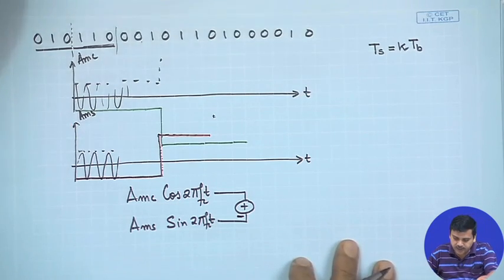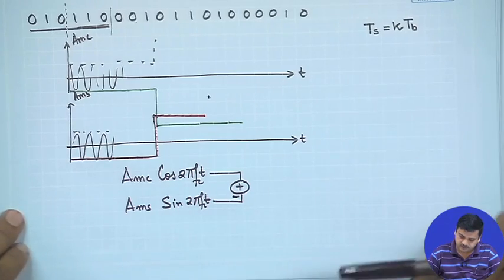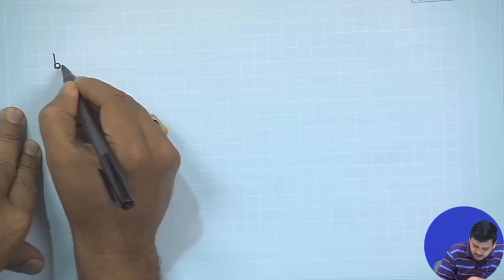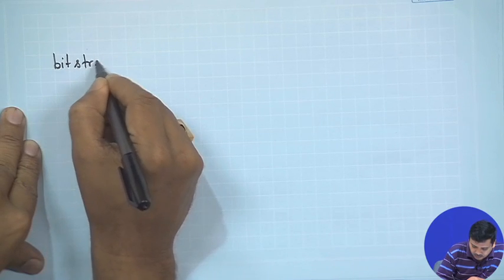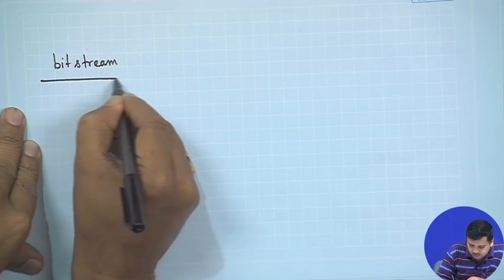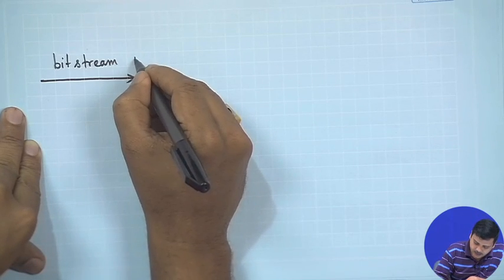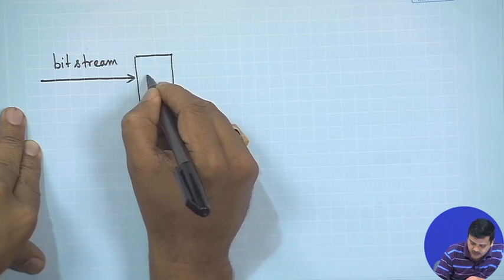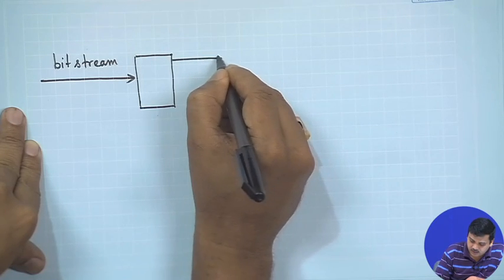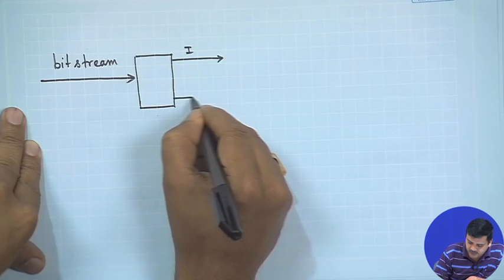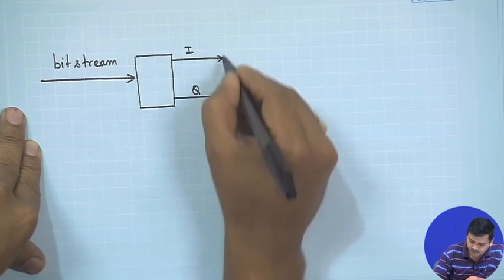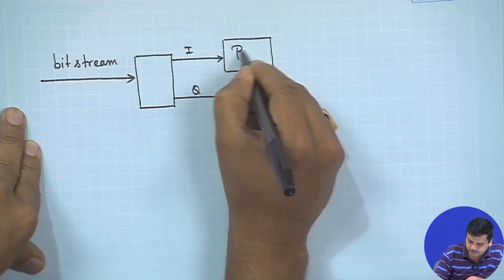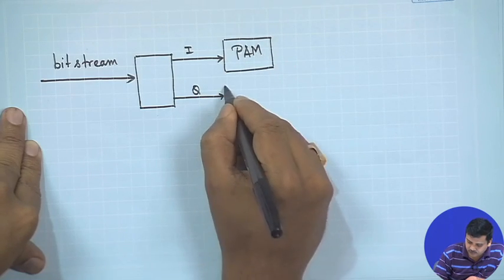So, a block diagrammatic representation that we can think of for this particular generation would be bit stream, then you could say split into the I channel and split into the Q channel, and there will be PAM, there is the logical flow diagram.